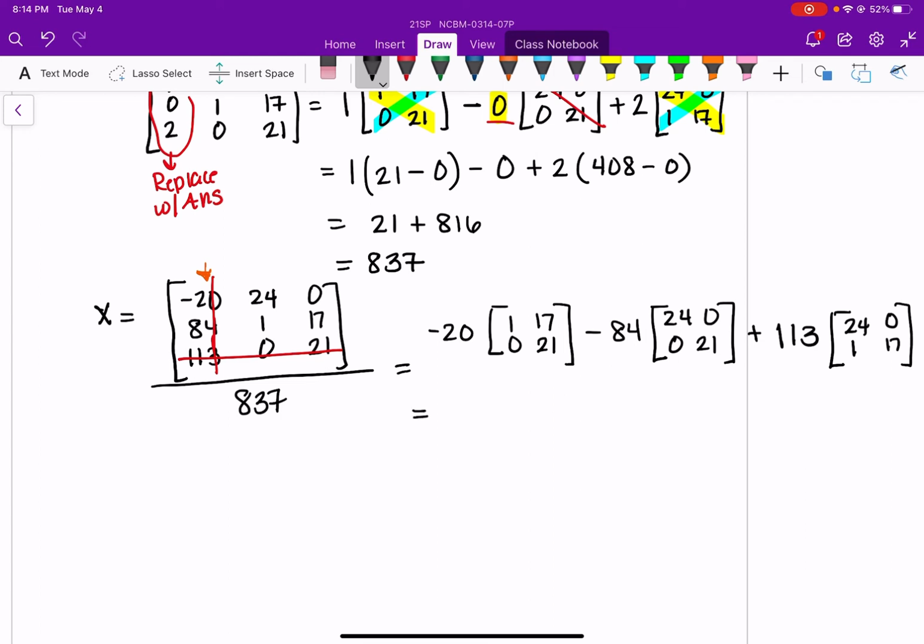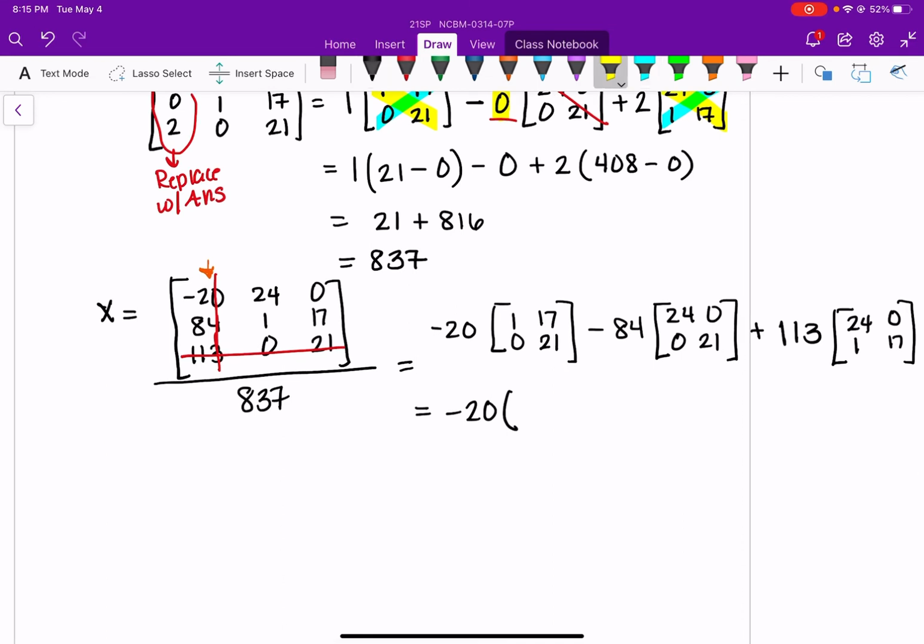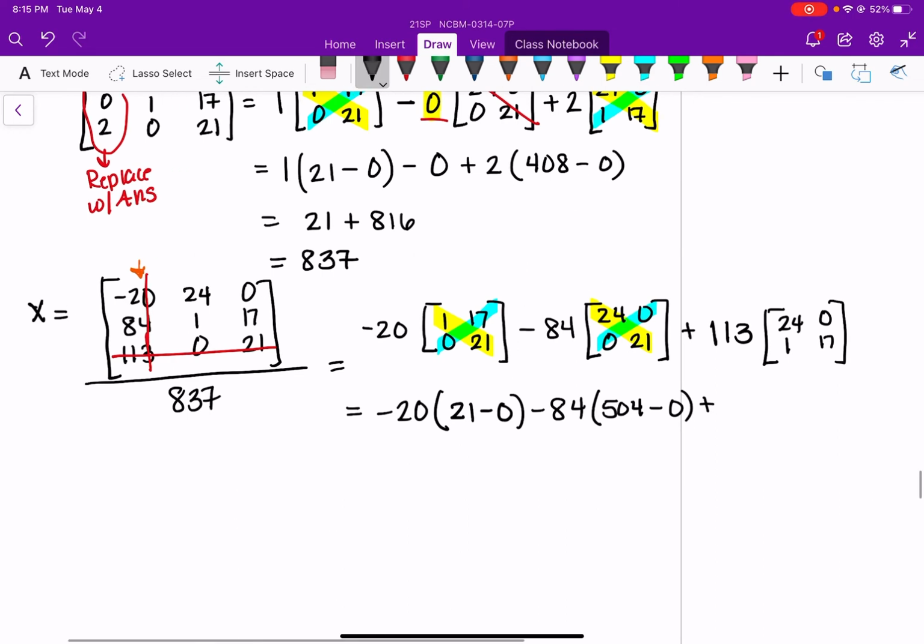All right. So now we're still working on the top here. So we've got negative 20 times, when we do our determinant, we get 21 minus 0. Then we have minus 84. Again, doing our determinant, we got 24 times 21, which is 504, minus 0 times 0, which is still 0, plus 113.